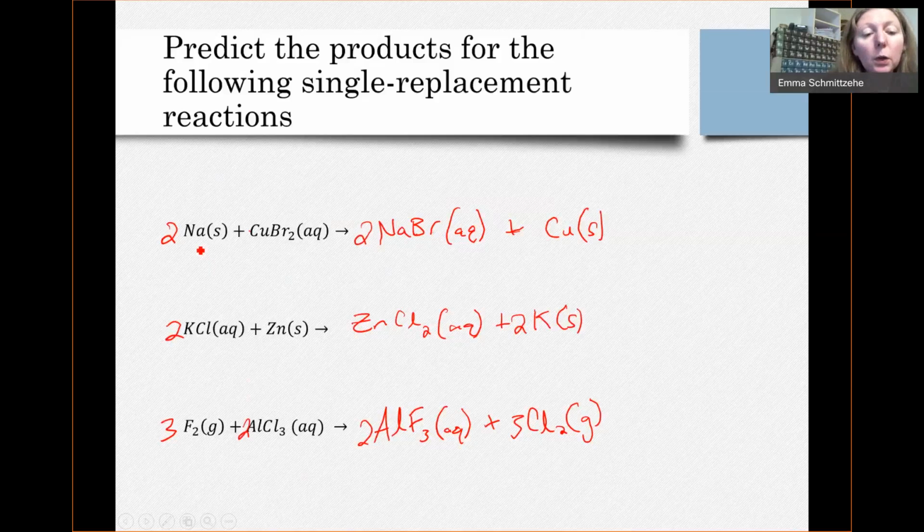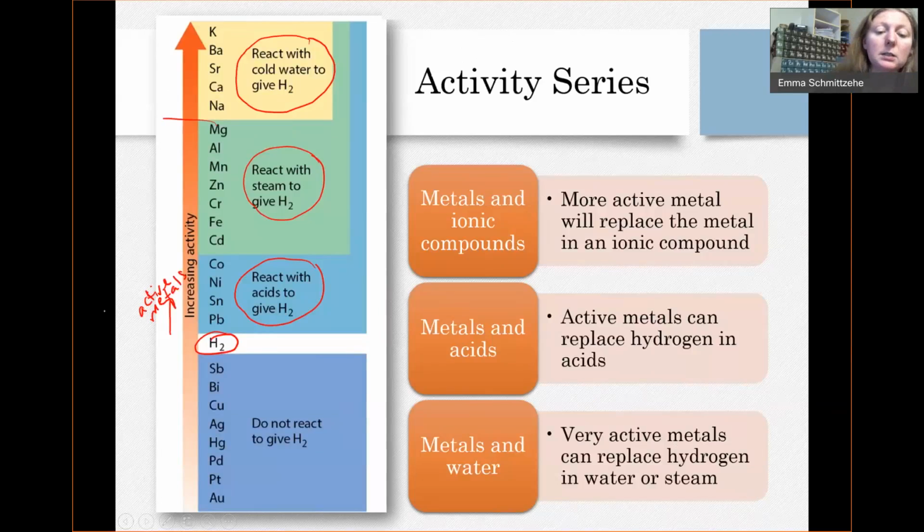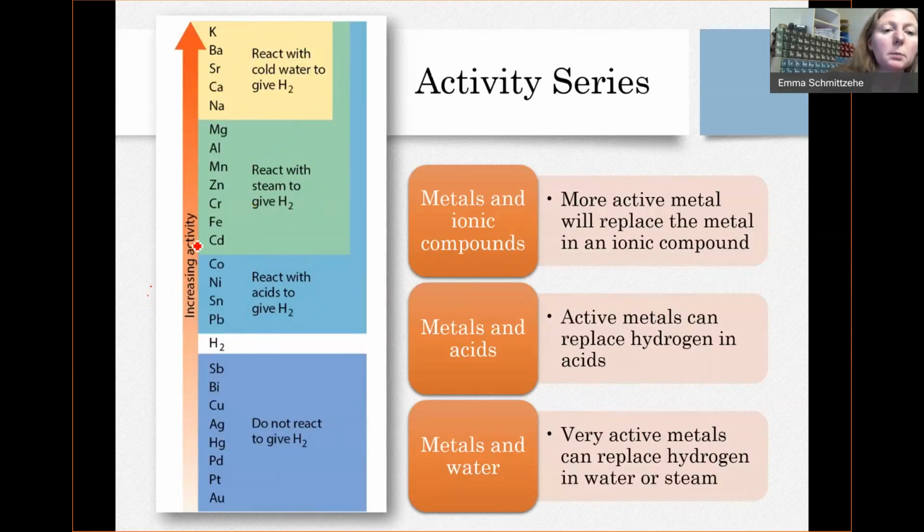But here, what we would want to look at is we would look at sodium and we would look at copper. Okay, so we're going to go and look at sodium and copper on this activity series. Okay, here we'll erase some of this here too. So I said sodium and copper. We've got sodium and we've got copper. So sodium is higher, meaning sodium's more active.